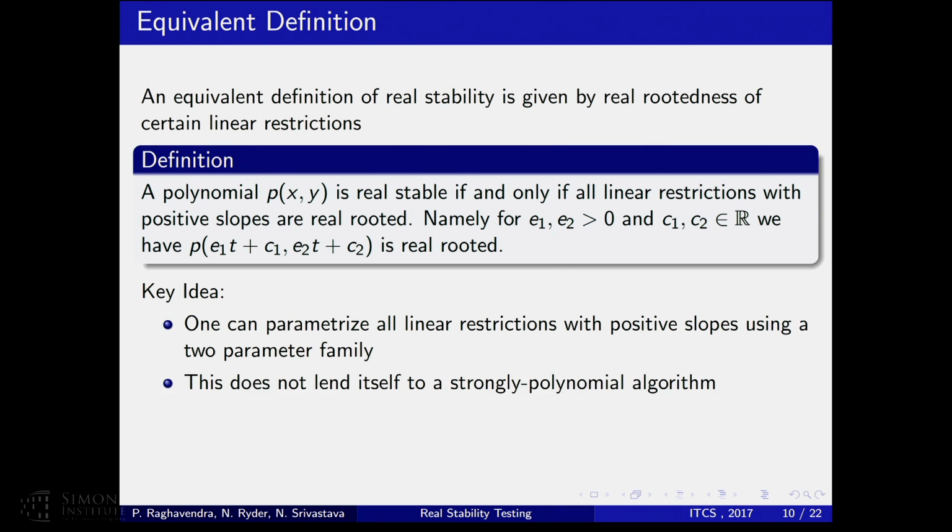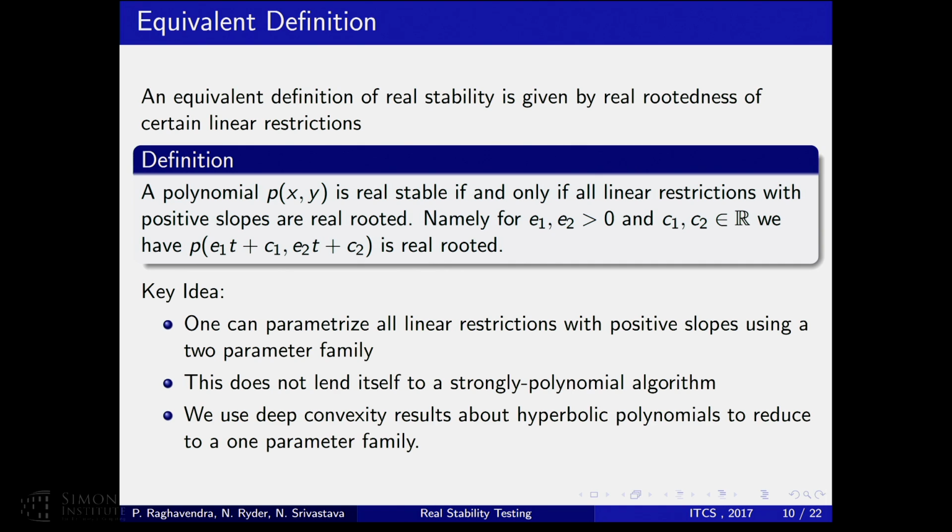The main problem we ran into is that we could not figure out how to establish a strongly polynomial time algorithm for this two-parameter question. So we use convexity results about hyperbolic polynomials to reduce to a one-parameter family, and then we can extend the classical machinery that determines if a univariate polynomial is real rooted to solve this problem.